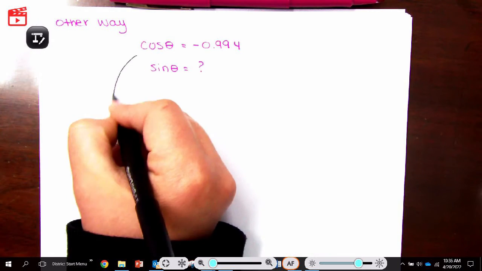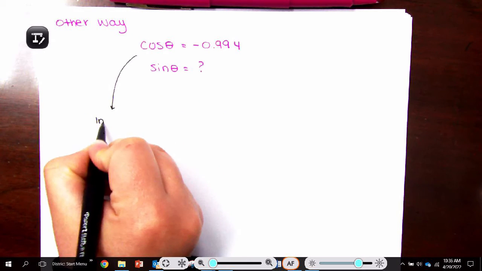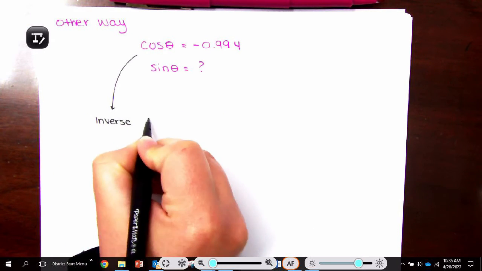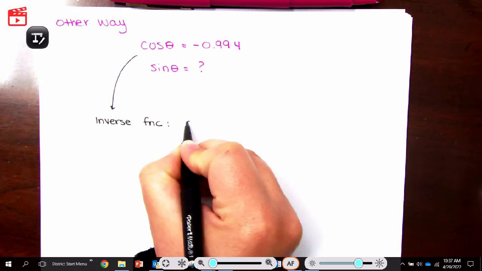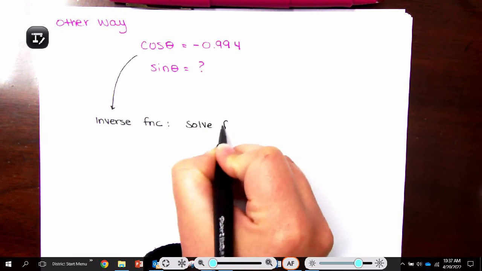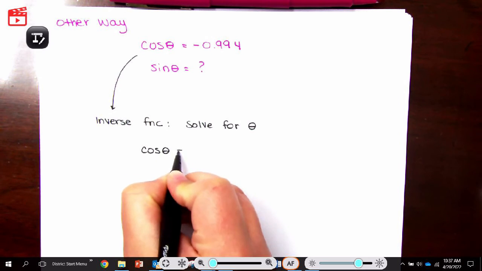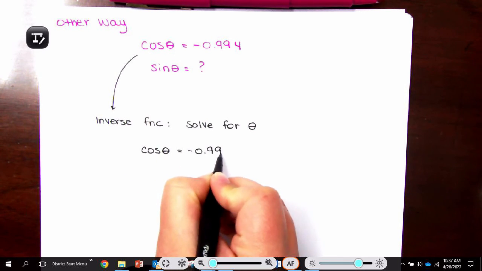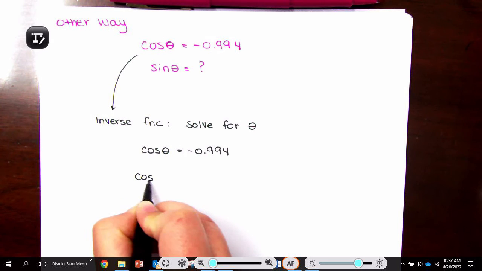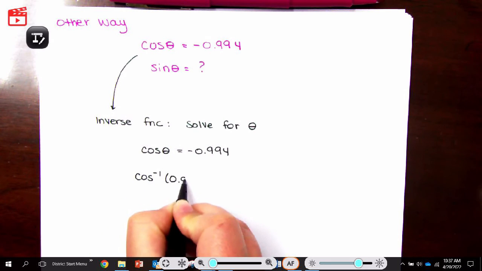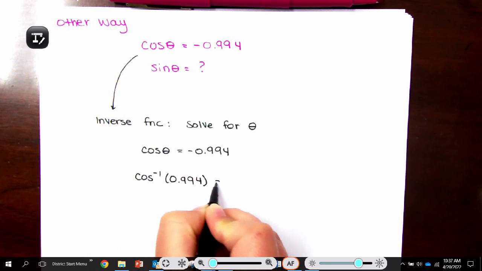So I'm going to use the inverse function to solve for the angle. Cosine of theta is equal to negative 0.994, so I'm going to take the inverse of that and get my theta.